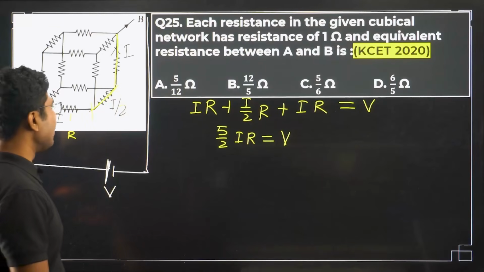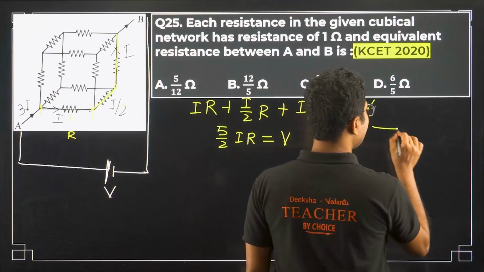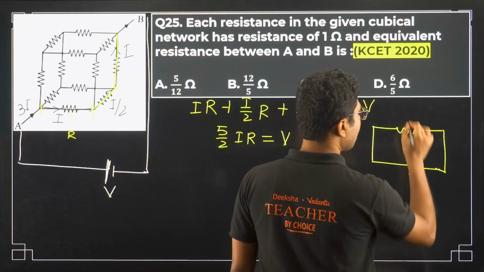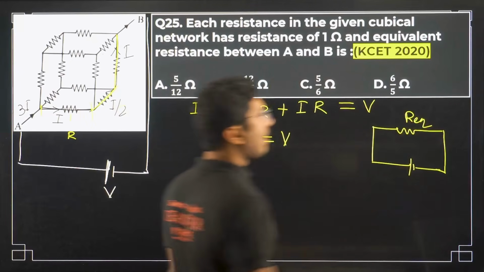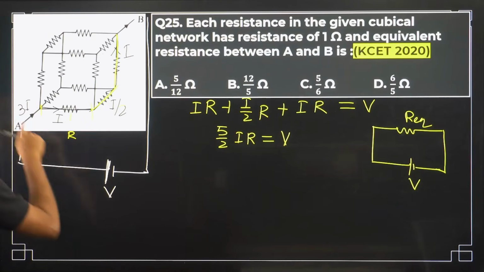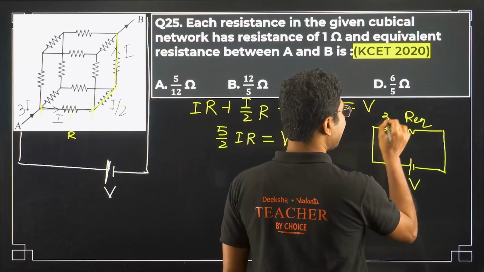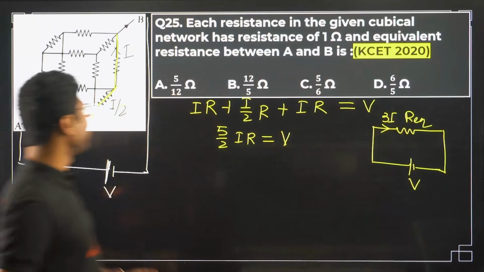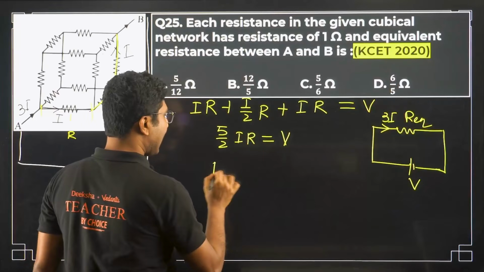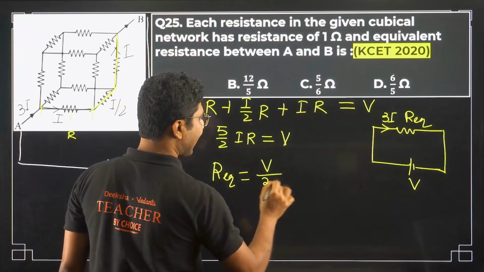Now what is the equivalent resistance of this entire thing? So if you draw the equivalent circuit, voltage supplied V, current in the circuit, not I but 3I, current in the circuit is 3I. So from this we can write R equivalent is nothing but V divided by 3I.